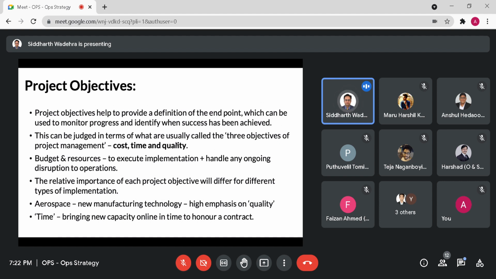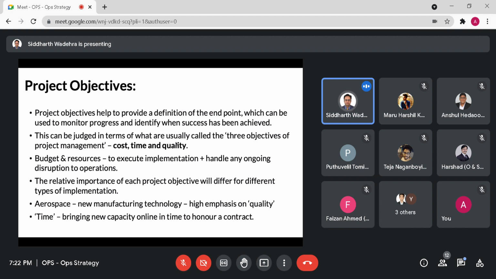And of course, there will be some element of cost and some element of time, for example that this technology has to be launched by, I don't know, Q2 2022, and the budget says it should be within the budget. But the paramount metric to track in that particular case becomes quality.